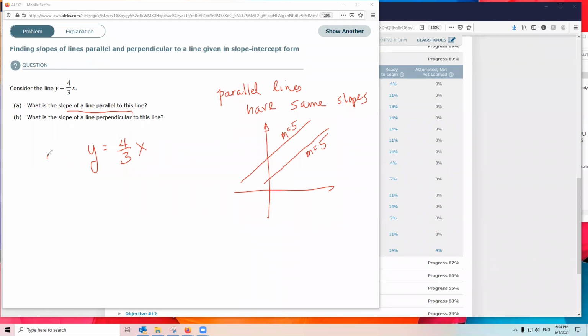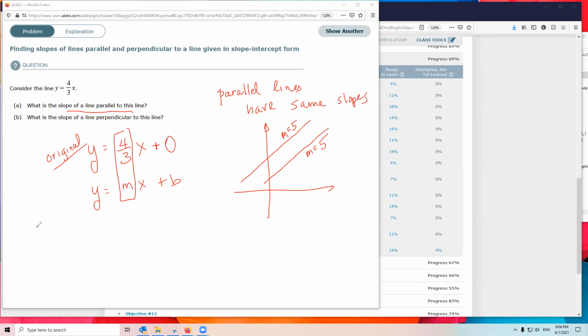So if this is the original line they're giving me, and I compare this to y equals mx plus b, I notice, by the way, I can write this as 4/3 x plus 0 if I wanted to, but I notice the slope is 4/3.